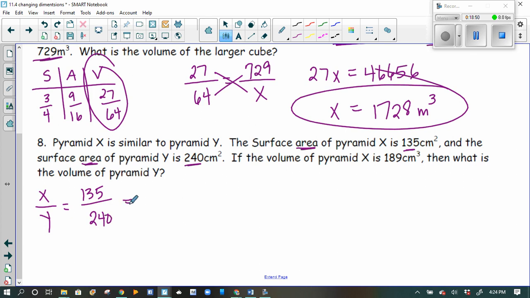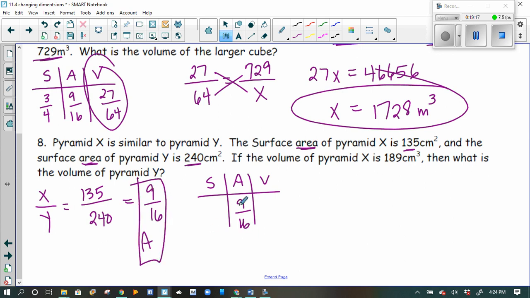So 135 divided by 240, and then you know in your graphing calculators you can math enter, and it'll reduce it to 9/16. So this is the area scale factor. Okay, this is your A column, so SAV. So that means 9/16 goes in the area column because this is the area ratio.